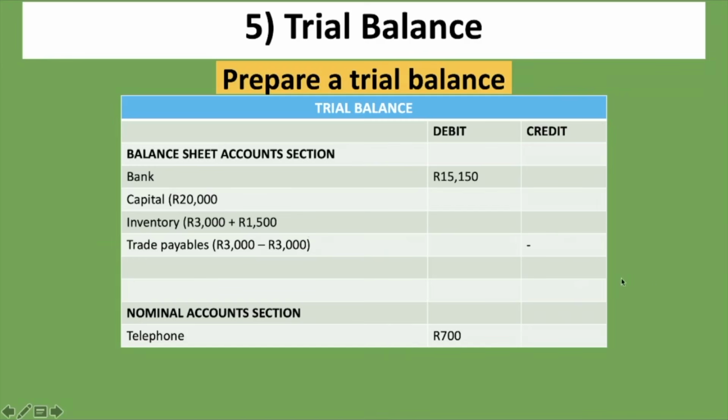So 3,000 minus 3,000 is 0. Now if you have 0 for any of the accounts, then you might leave it out. If you do the general ledger for trade payables, you would realize that the balance brought down is actually 0 because there was nothing left that we owed to our suppliers. So that's why we have 0 for trade payables.